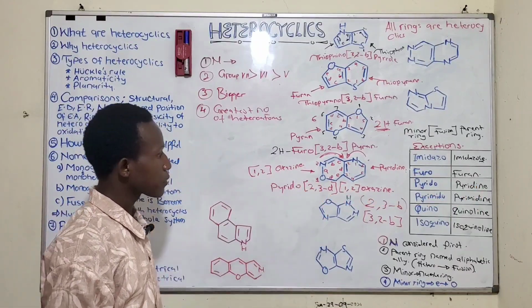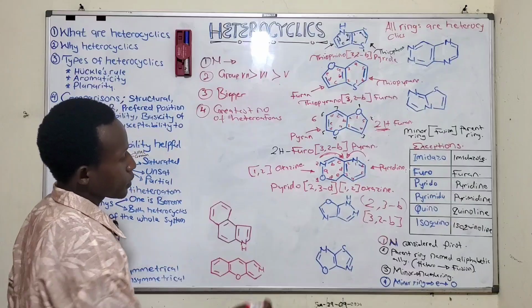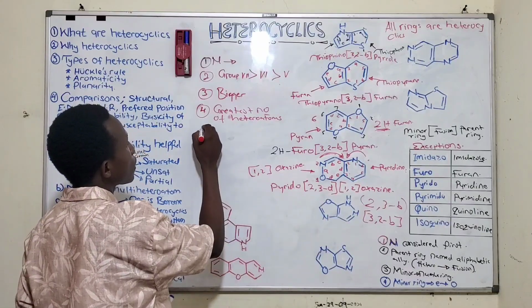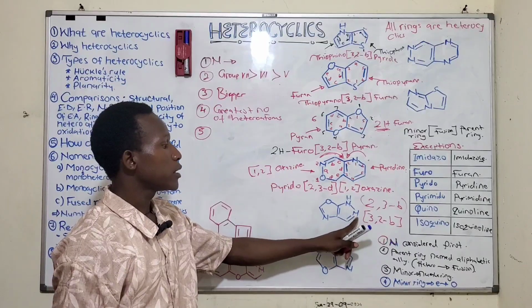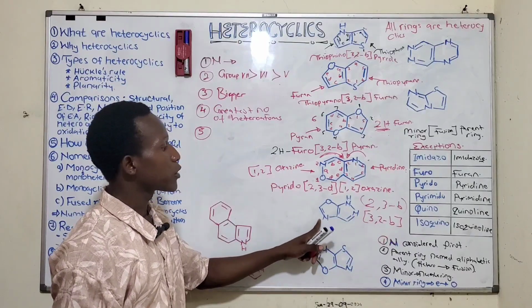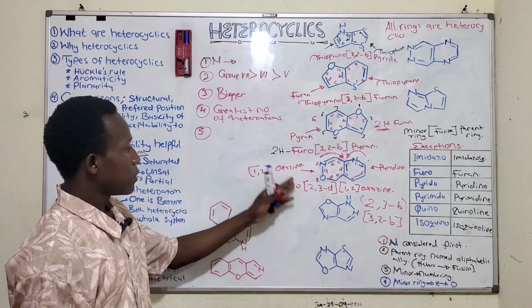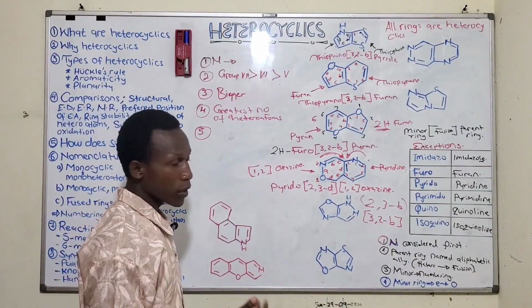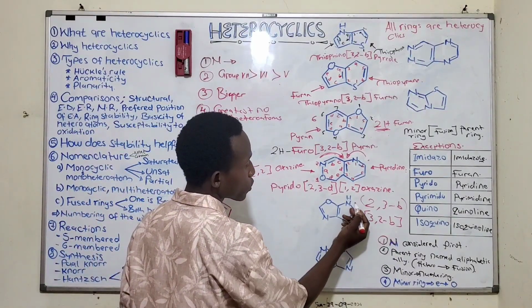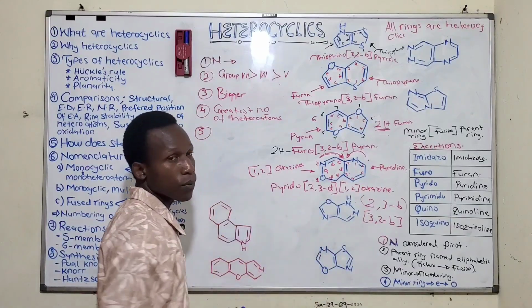Now, we have this one. Now, the fifth rule: here we have nitrogen and nitrogen. Here we have oxygen and nitrogen. So, we have the same numbers for both heteroatoms, for both heterocyclics. We have 2 and this one is having 2.